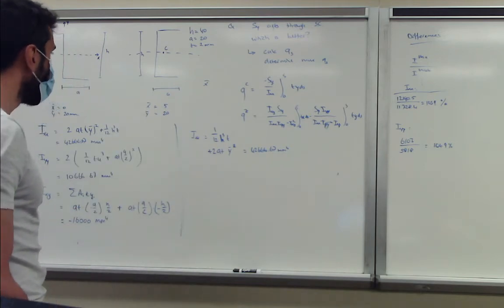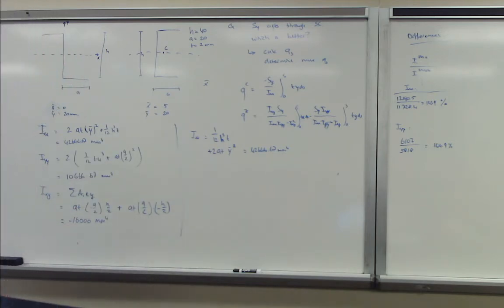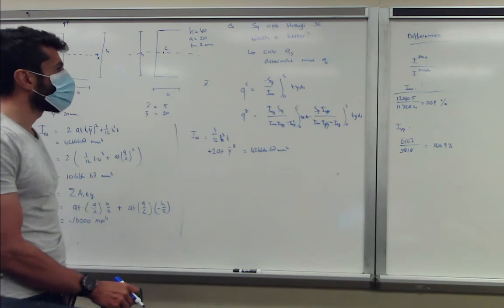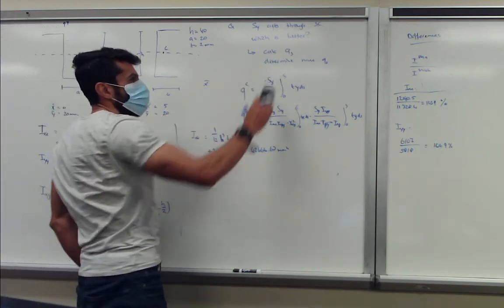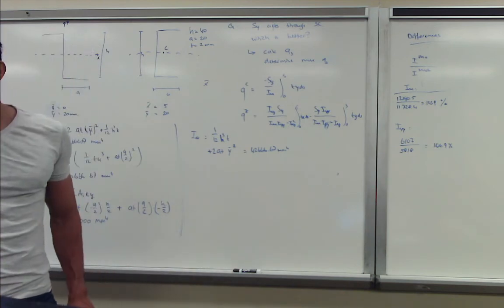So I'll type this out as well and post it online later today, definitely before the exam, but let's see how far we can get. We now have our moments of inertia, and the question was which one's better, so we have to calculate our shear flows and determine where our maximum shear flow lies.